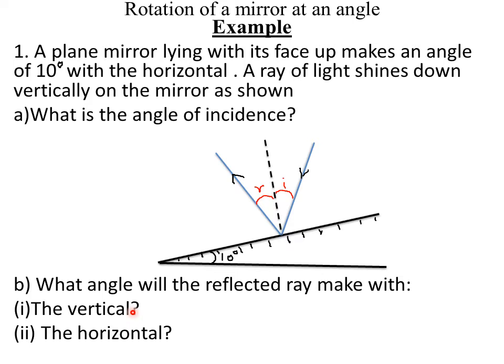Remember, we are told that a ray of light shines down vertically on the mirror. So it means the ray of light is actually vertical.